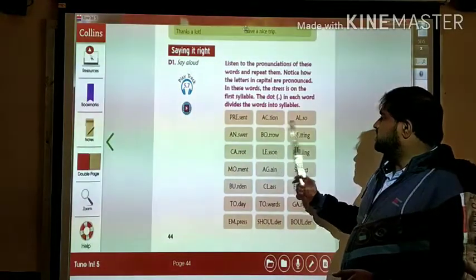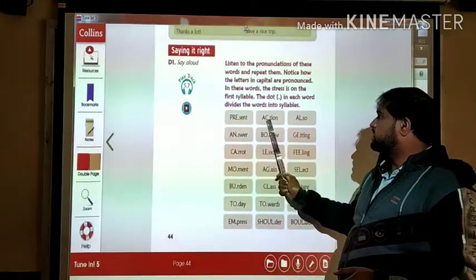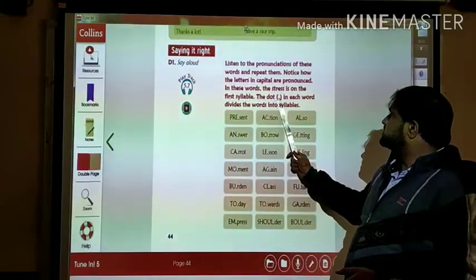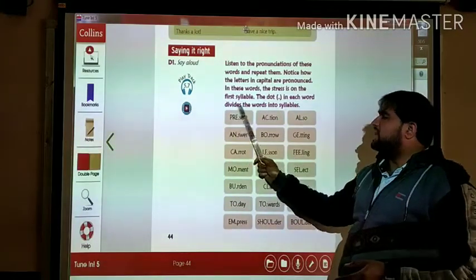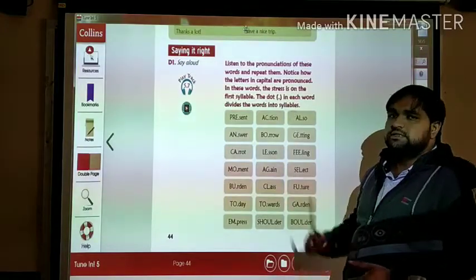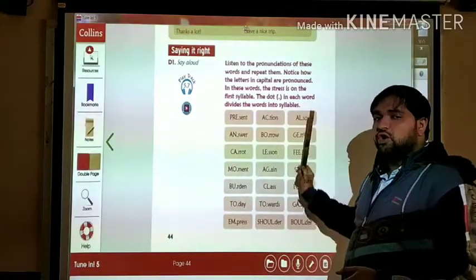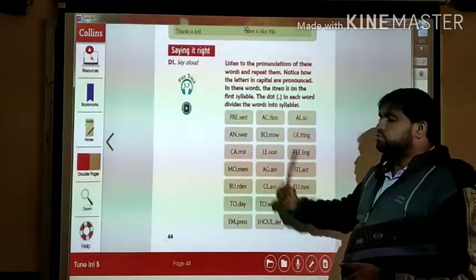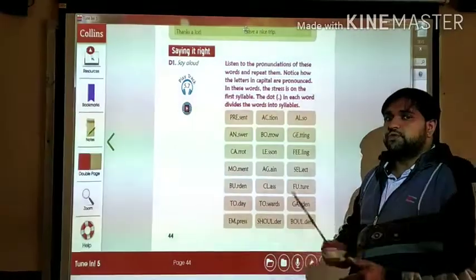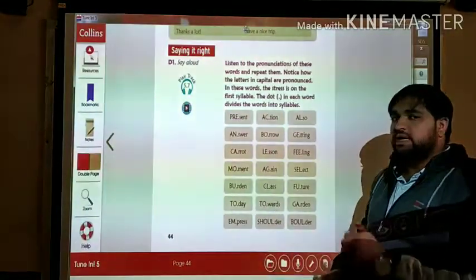Here you can see in all the words there are dots. So the dot in each word divides the words into syllables. So here in all words we have 2 syllables, and we need to put proper stress when we pronounce these words.